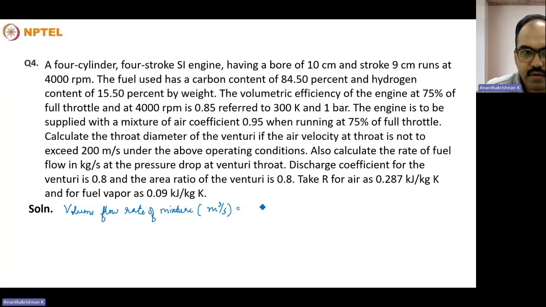It's given as 0.85, right? So that is volume divided by time into volumetric efficiency. So this is equal to π/4 d squared into L divided by t into eta volumetric.